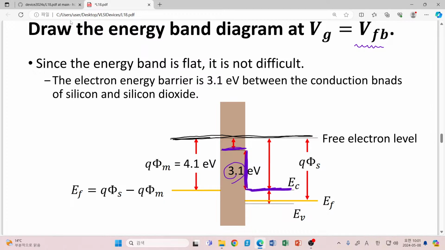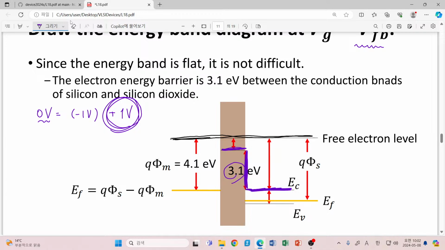Then now, once again, our gate voltage of 0 volt can be represented as, starting from the -1 volt case, we have additionally added 1 volt. Then how this 1 volt is applied to our band structure is now our next goal. So now we have this flat band case.